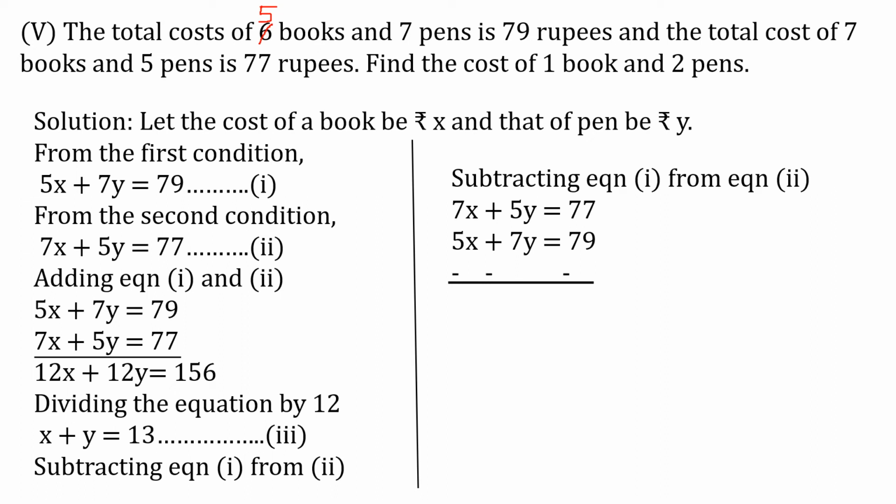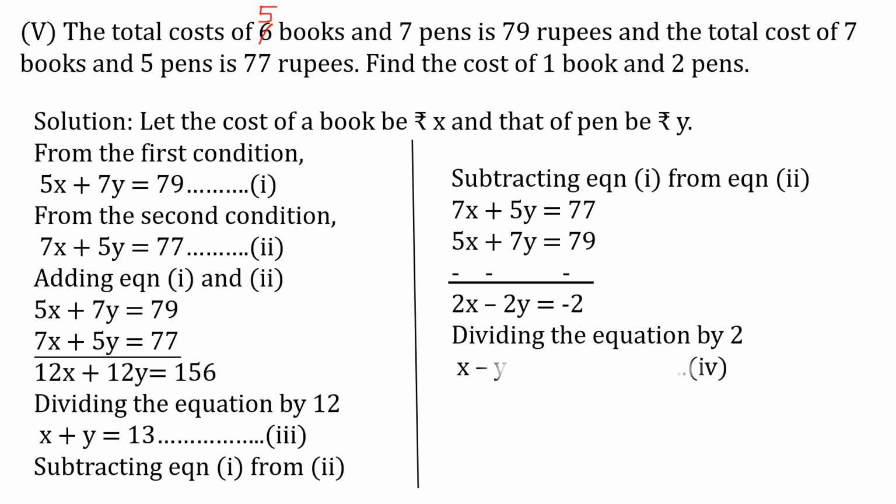When you are subtracting, the sign changes. So now you'll get 7x minus 5x, it will become 2x. 5y minus 7y will become minus 2y. And 77 minus 79 will be minus 2. Now you can divide all the terms of this equation by 2. So we apply dividing the equation by 2. It will become x minus y equal to minus 1. Now this is equation number 4.